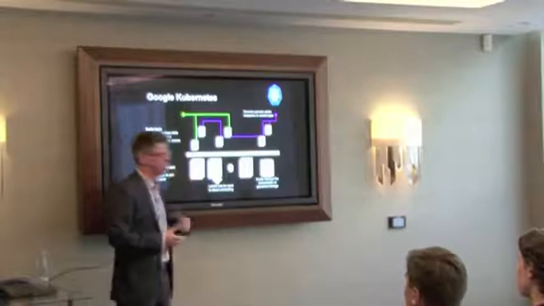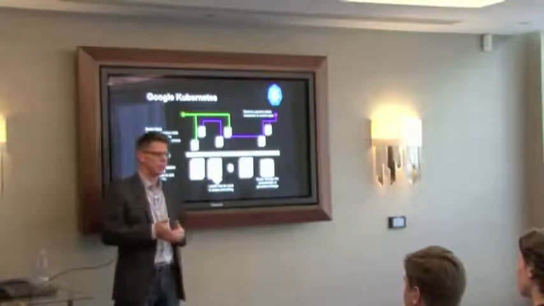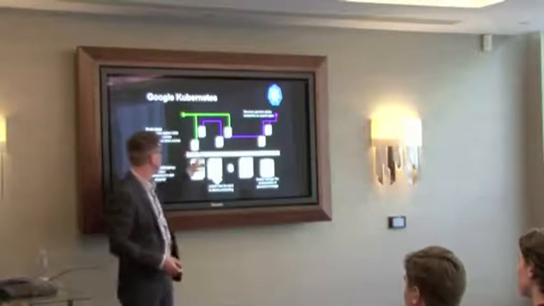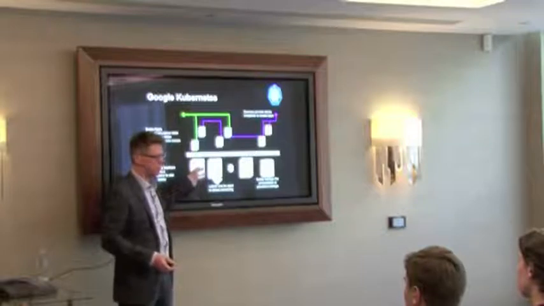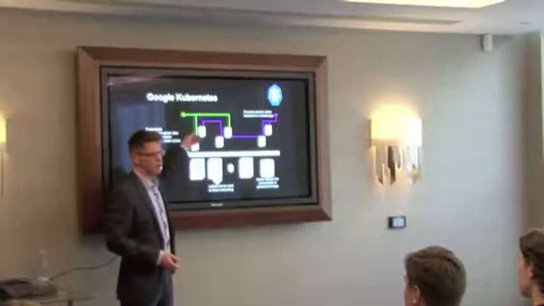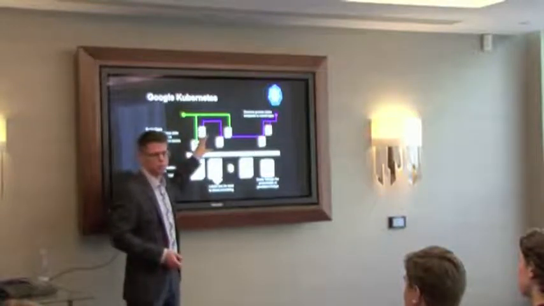They run them in something called a pod, and that pod can have a unique IP address, so I can go directly to that pod. Whereas if I run in Docker and I'm running two containers and they both want to listen on port 8080, I've got a problem. Whereas if I'm running in Kubernetes, I can run containers within pods. They have their own IP address, and then the two containers can listen on port 8080.